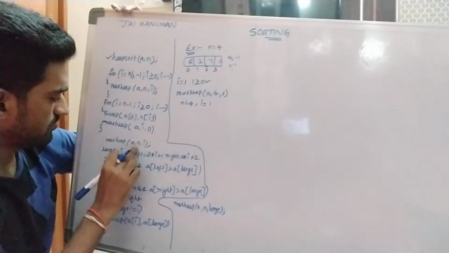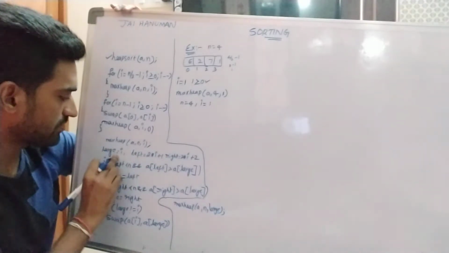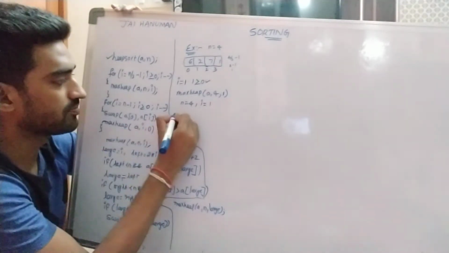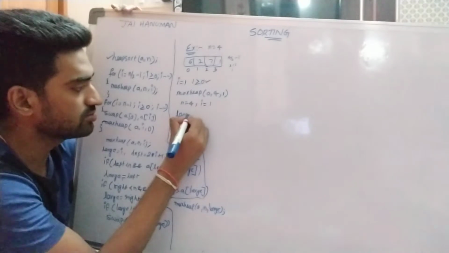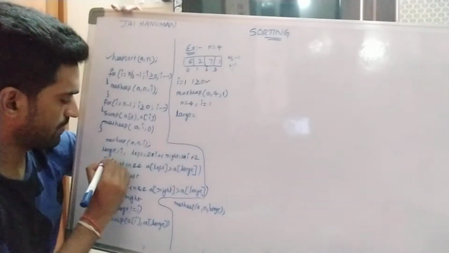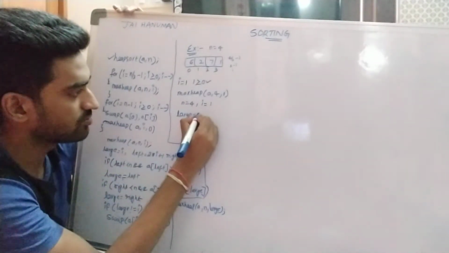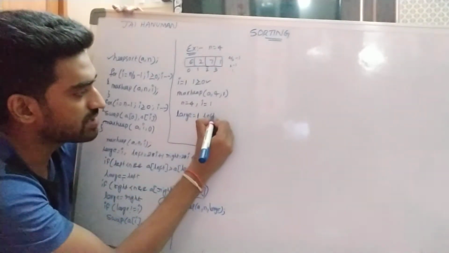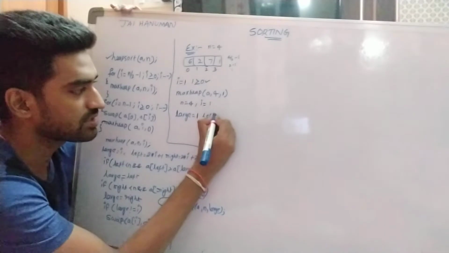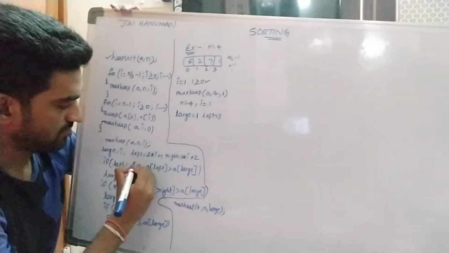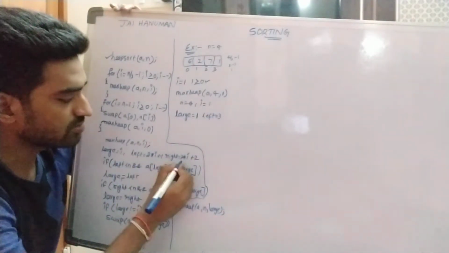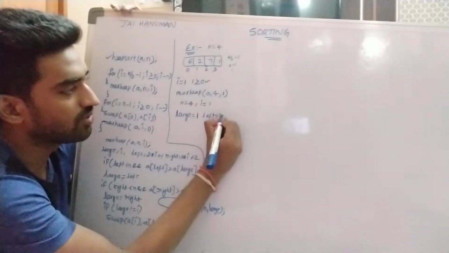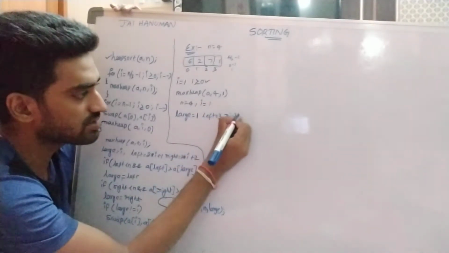What is the procedure? First we set large is equal to i, so large is 1. Left is equal to 2 into i plus 1, so 2 into 1 plus 1, that is 3. Right is equal to 2 into 1 plus 2, that is 2 plus 2, 4. So right is equal to 4. So we have set all the parameters.